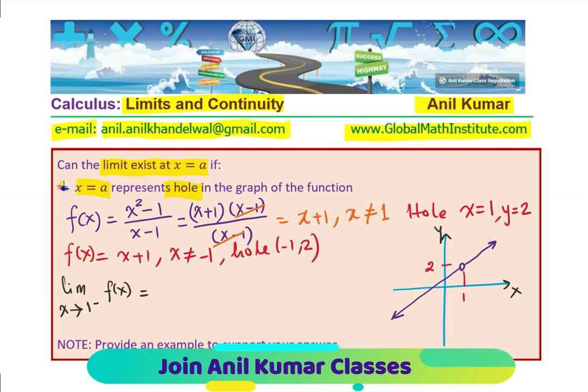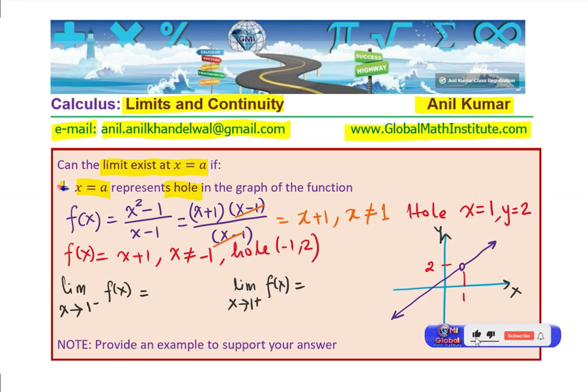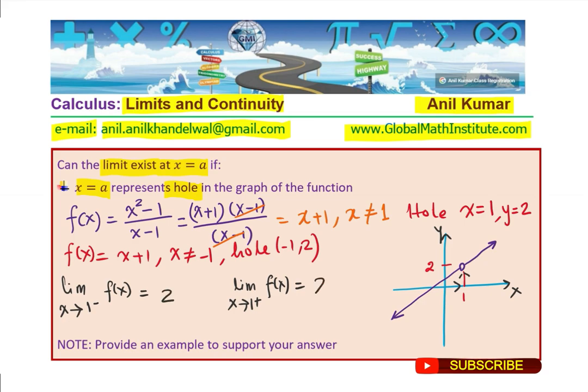And we have to also find the limit when x approaches 1 from the right hand side for the given function. Well, if you look at the diagram, from both the sides you approach a value which is y equals 2. So both these values are indeed 2. You get an idea, right? So this means that both of them are equal.